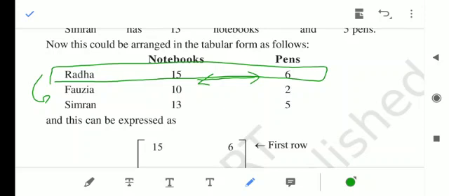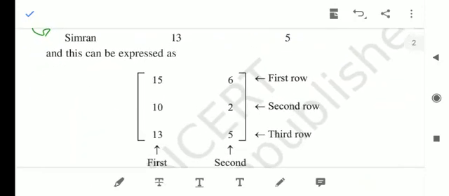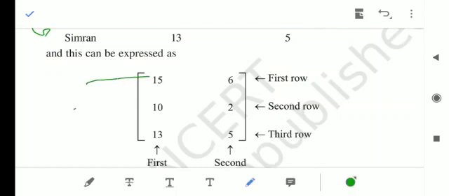So this arrangement, 15, 6, 10, 2 and 13, 5, is known as a matrix. Here the horizontal lines, as you have studied in the periodic table, are known as rows and the vertical lines are known as columns. The uppermost horizontal line is the first row, represented by R1.